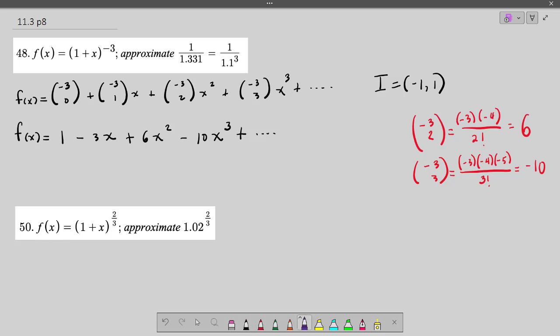And if we want to approximate, so 1 over 1.1 cubed will be approximately equal to 1 minus 3 multiplied by, what's x going to be? X is going to be 0.1.